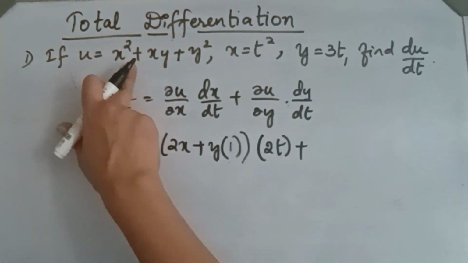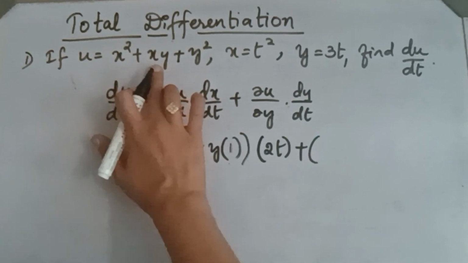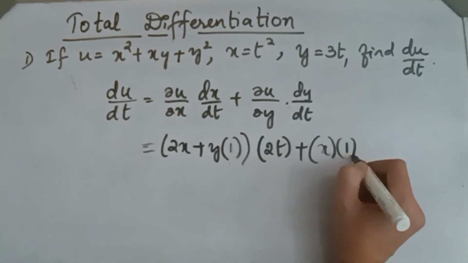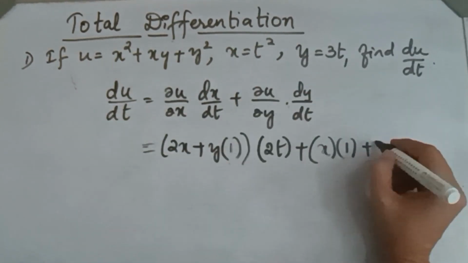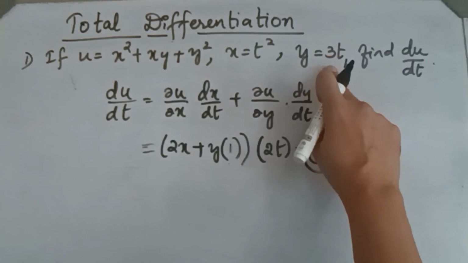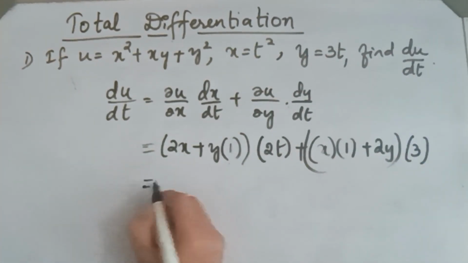So derivative of x square with respect to y is 0 plus with respect to y, x is a constant. So derivative of y is 1 plus derivative of y square is 2y into dy by dt. Derivative of y with respect to t, that is 3.